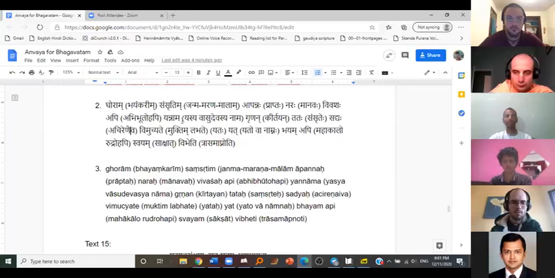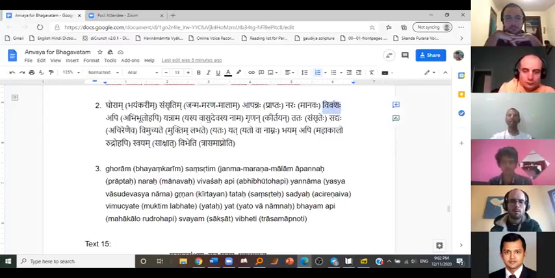I was reading the commentary of Sridhar Swami or Vishwanath Chakravarti Thakur on this verse, and surprisingly this verse relates to the story of Ajamila. We know his story, that he was a nara who had obtained ghoram samsritim, especially when the Yamadutas were just in front of him, and he was vivasha, helpless. In that situation he took the name of Lord Vasudeva, and we know it was Narayana.